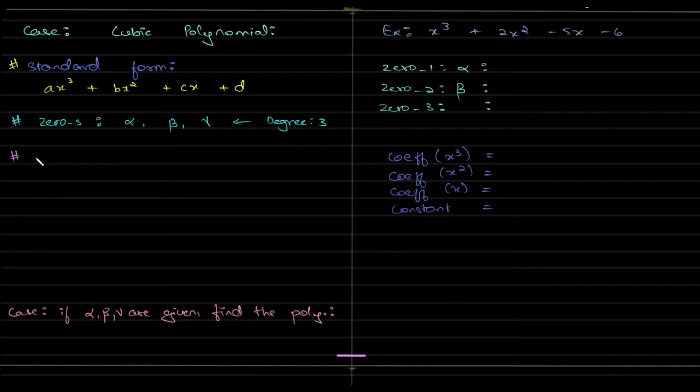Next is the relationship. So the relationship is alpha plus beta plus gamma, the sum of zeros, right? If I add the zeros, it will be equal to minus b by a.